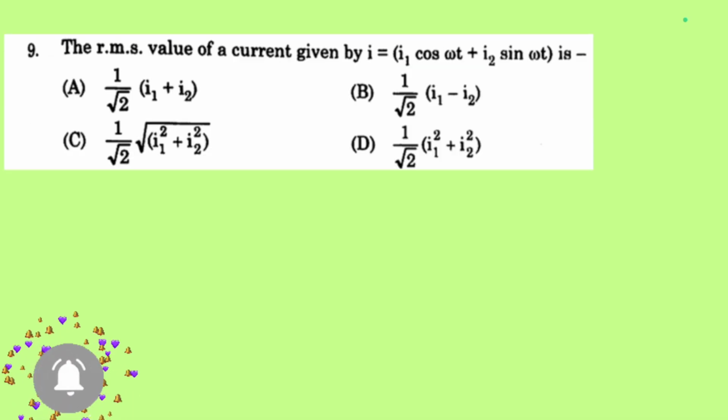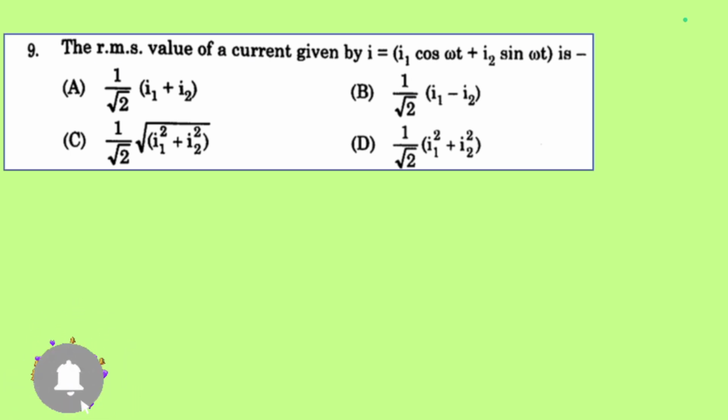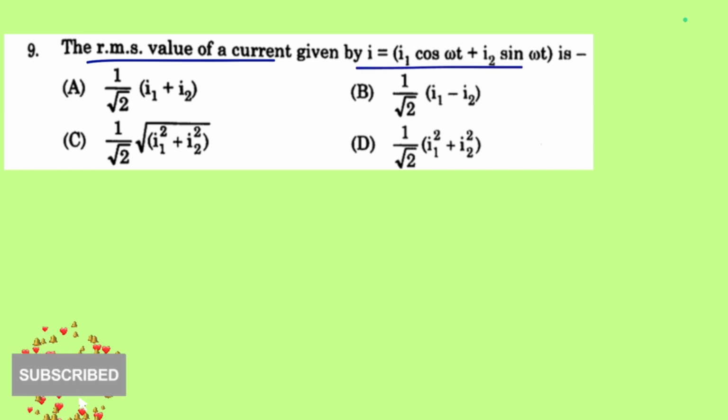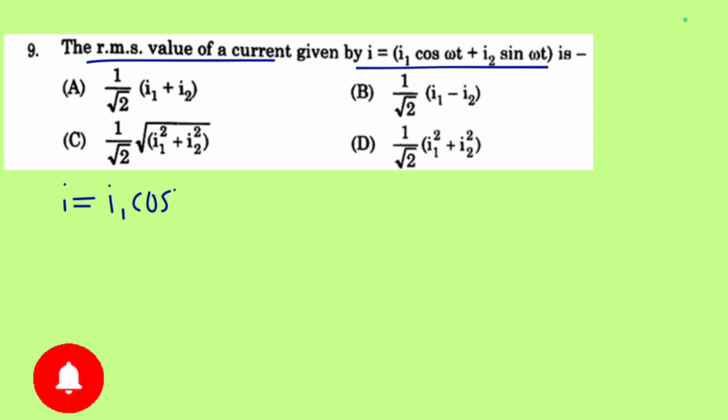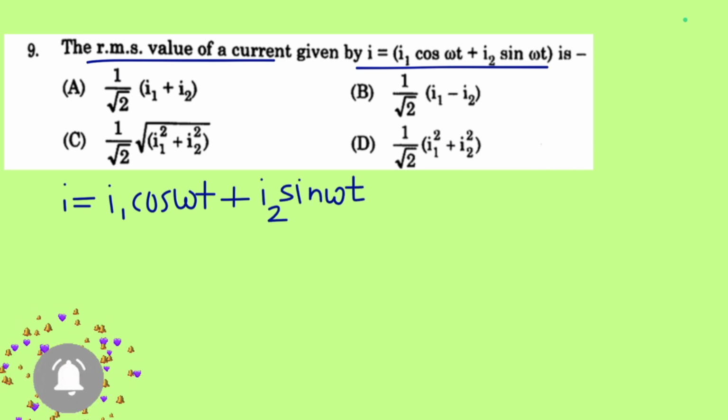This is another question which is trickier, you may say. What is given here? We have to calculate the RMS value of a current which is given by the instantaneous value I equal to I1 cos omega t plus I2 sin omega t.